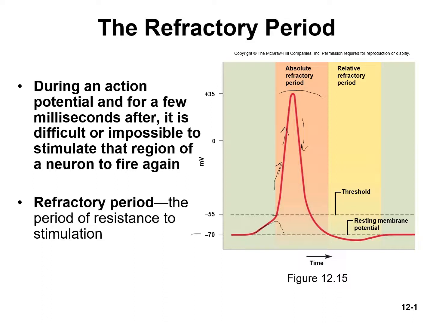And then moving further away, past the point where we've gone back hyperpolarized even, we have this relative refractory period. That's the period of time that follows the main part of your action potential, during which only a very strong stimulus is going to be able to stimulate that neuron to fire again.